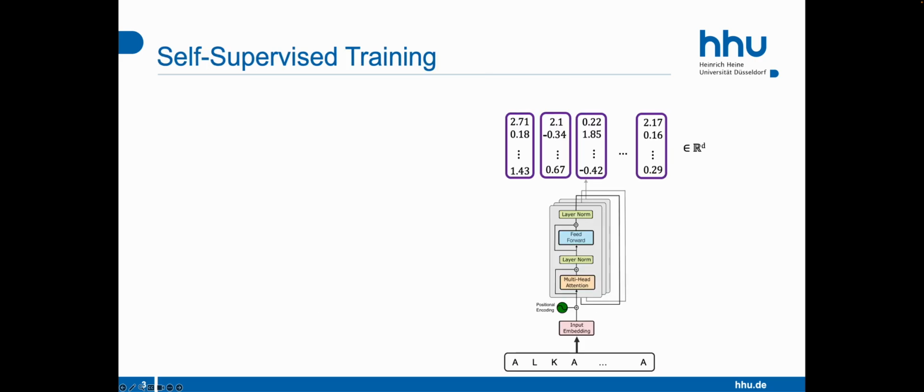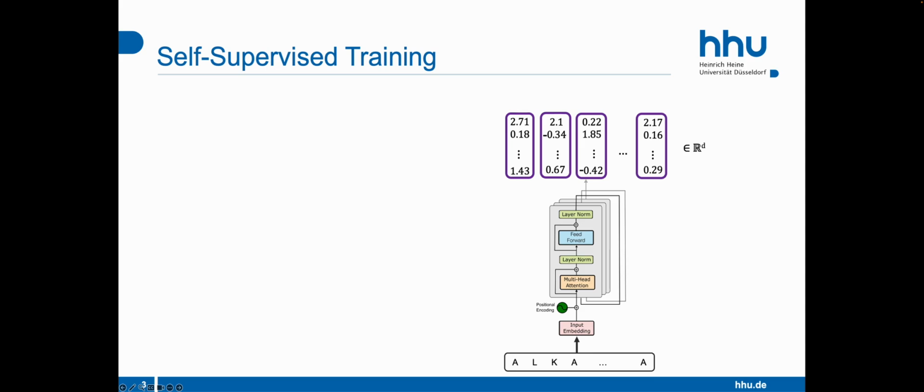Now let us look at how we can train the transformer network encoder to find useful parameters. We remember what our encoder does when we input a protein amino acid sequence. The sequence is divided into tokens, where each token is an amino acid of our input sequence. And the encoder then processes this sequence and outputs a numerical representation for each amino acid.